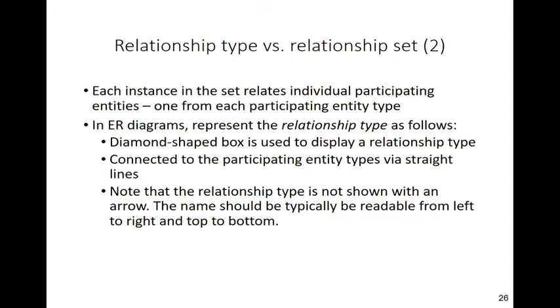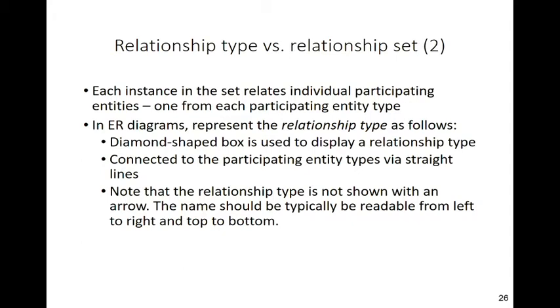We cannot think of an entity relationship diagram as a flow. There is no flow, so there are no arrows. You don't go in any given direction. You should be able to read the diagram, and we put the wording in the diagram top down, left to right. But you could also flip the diagram around completely, move things around, reword things, and it would still represent the exact same thing.